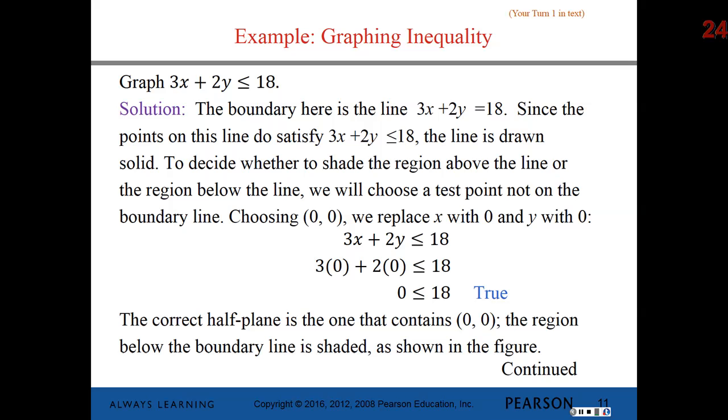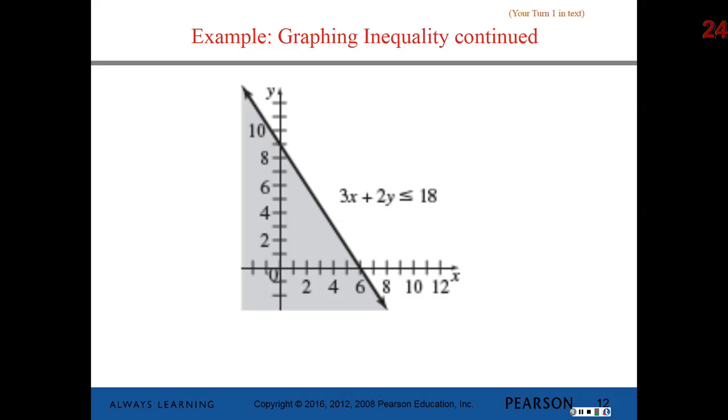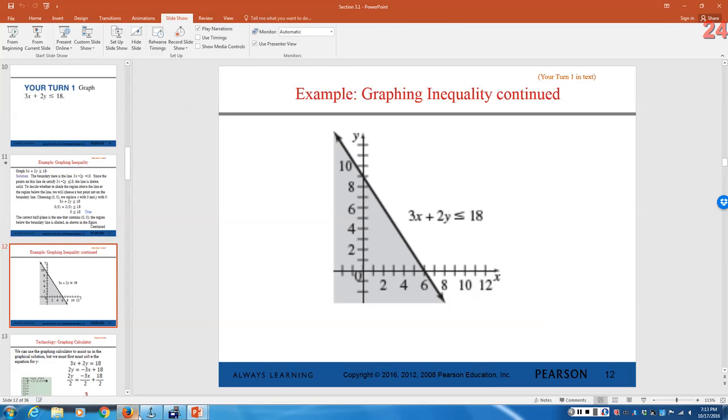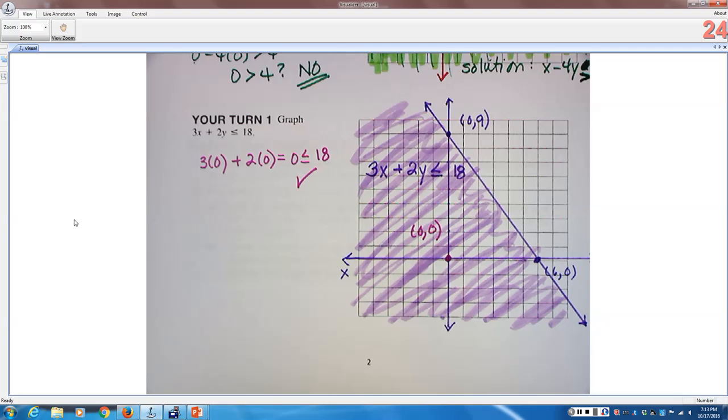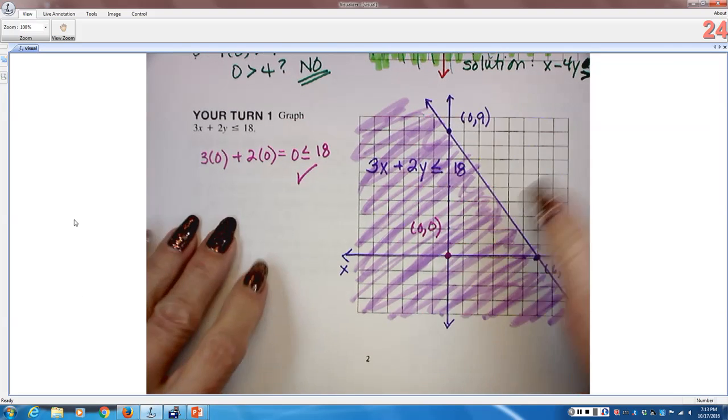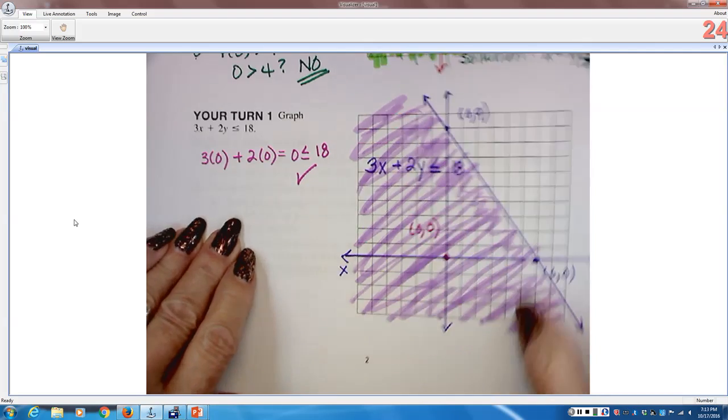Find that 0 is equal to or less than 18 is true. So the correct half plane is the one that contains 0, 0. And your graph should look something like that. Okay? And there's the one that I came up with. So if you got that one, I think you understand this.